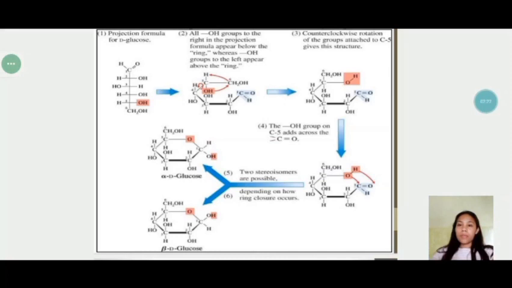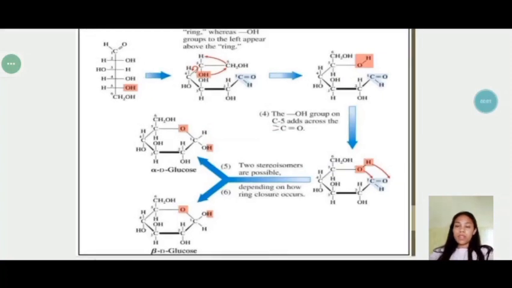So these two stereoisomers are possible. So the two stereoisomers are possible, the alpha and the beta. So in alpha, as discussed by Mr. Estaniel, the OH groups are on the opposite side.